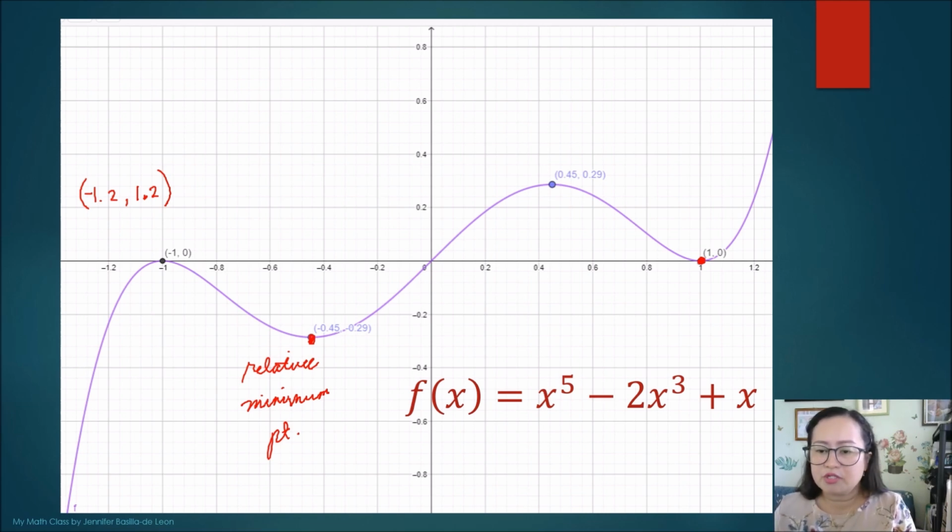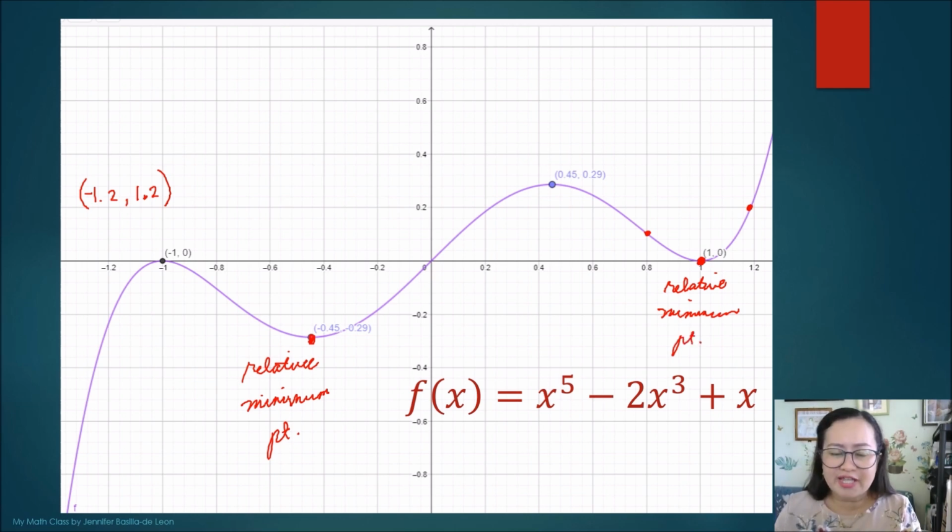For example, the point with coordinates (1, 0) is not the lowest point on the graph. However, it is lower than the point to its right and the point to its left. So we can also say that this is a relative minimum point on the graph.